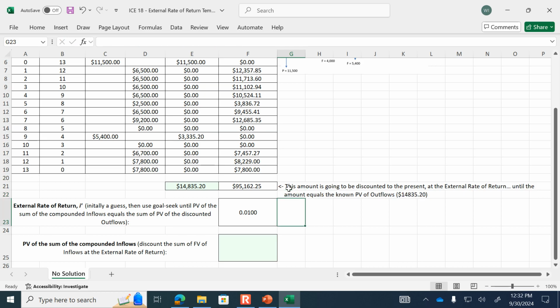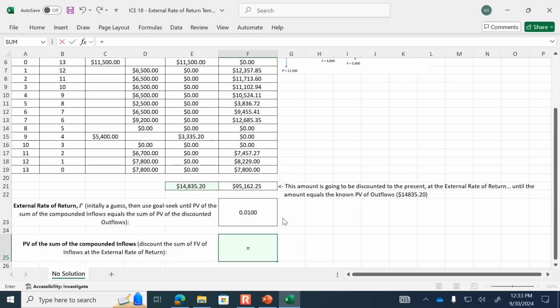So the question is, what interest rate will make it so that $95,000 in year 13 is equal to $14,000 at time 0? So we have to find out what is the interest rate that brings balance between this and that.